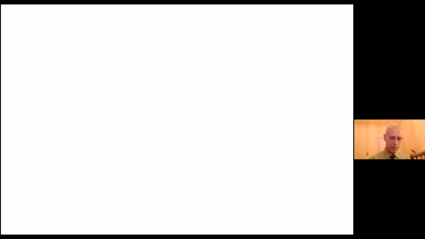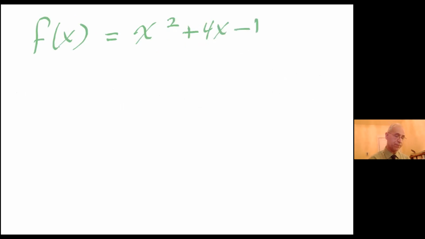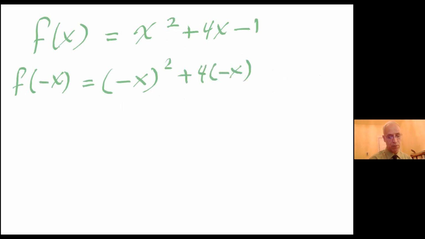And how about f of x equals x to the second plus 4x minus 1, okay? F of minus x equals minus x to the second plus 4 times minus x minus 1.